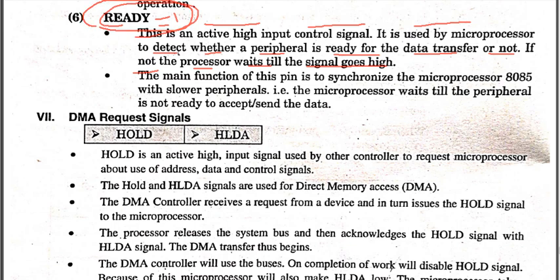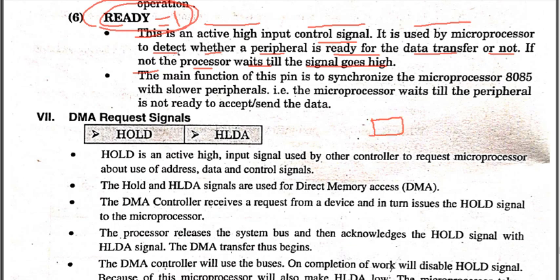ठीक है, तो READY एक स्टेटस सिग्नल है, तो जो भी डिवाइसेस माइक्रोप्रोसेसर 8085 के साथ कनेक्ट होंगे, so whenever that device is ready to transfer the data, it will send a 1 on this READY pin. So at that time the microprocessor will send out the data, like a printer.